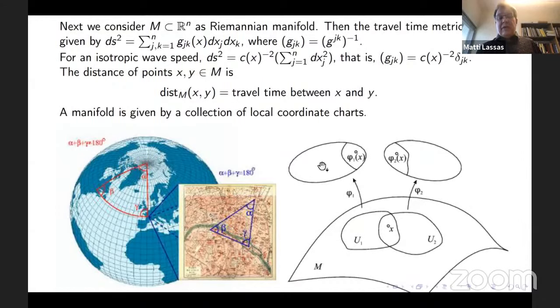We have some other coordinate chart that we map to Euclidean space. And the manifold is the collection of these charts. The name comes from the map chart. And then we have a rule for how we go from one map to another. When the neighborhoods are overlapping, there's a rule for how to go from one chart to the other chart.